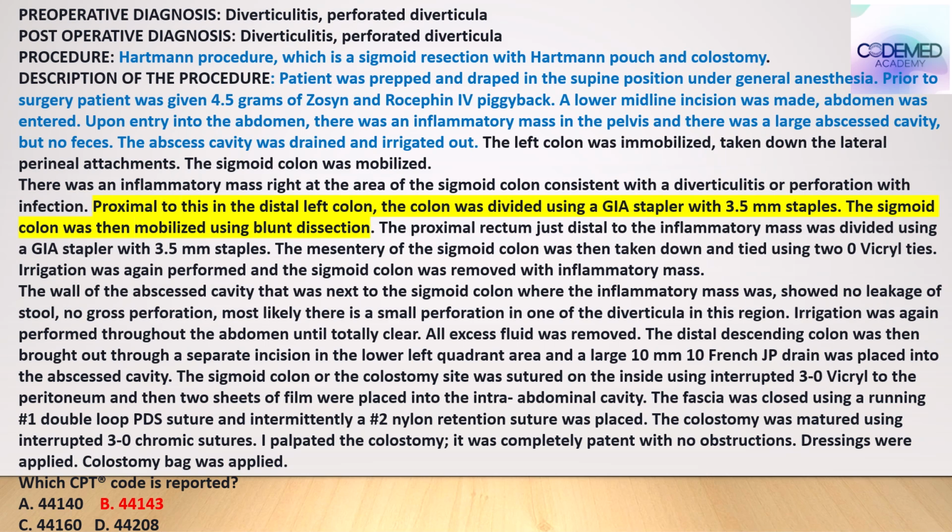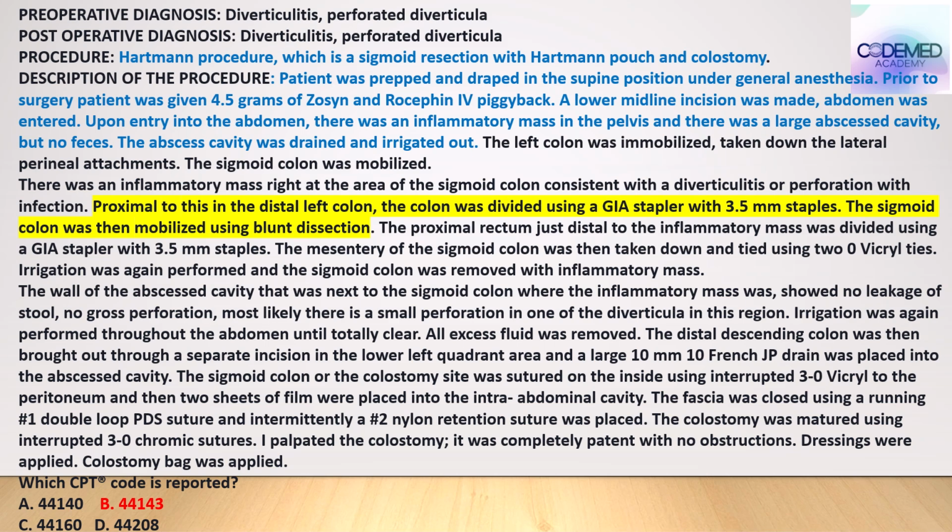44160 talks about the colectomy partial with removal of terminal ileum with ileocolostomy. That I do not see happening, because we are dealing only with the large intestine. We haven't even gone into the small intestine. And then we have the code 44208.